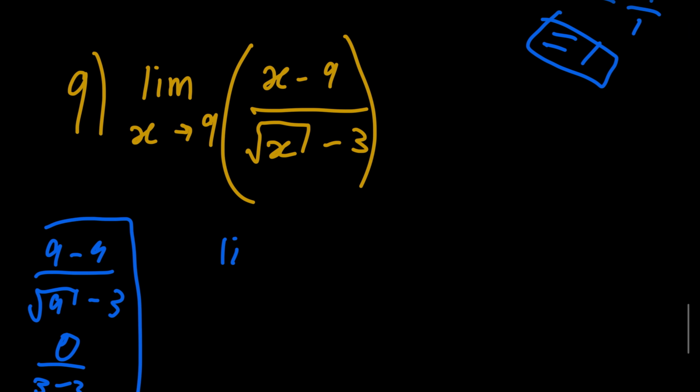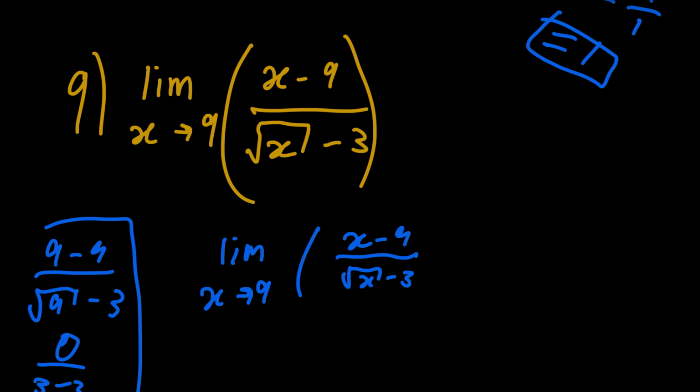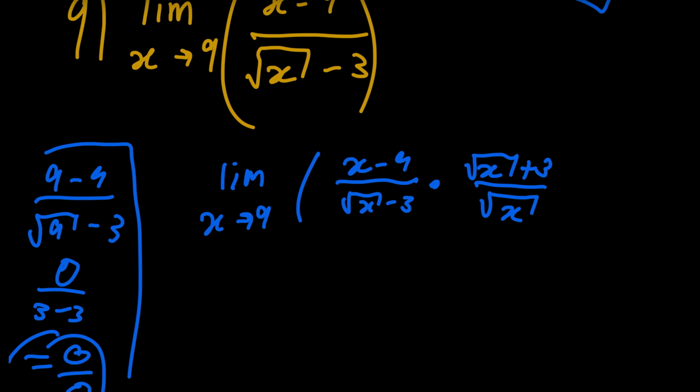So what you get is the limit as x approaches 9 of (x minus 9) divided by (root x minus 3), and we multiply this by (root x plus 3) over (root x plus 3). So we haven't added anything to the function. We've just multiplied it by 1 basically. But now we're going to change its form.